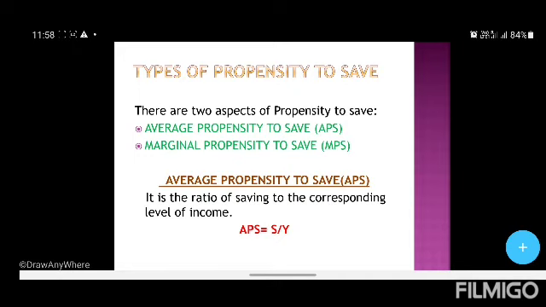Like propensity to consume, propensity to save also has two aspects, like average propensity to save and marginal propensity to save. Average propensity to save is the ratio between saving and income.